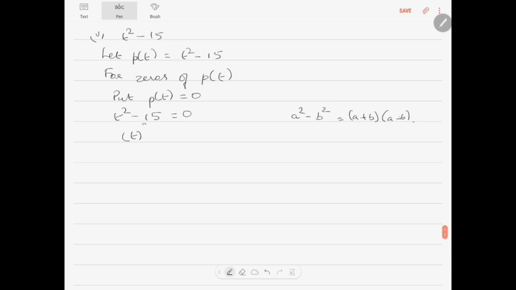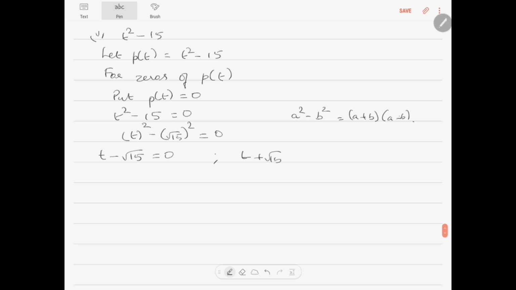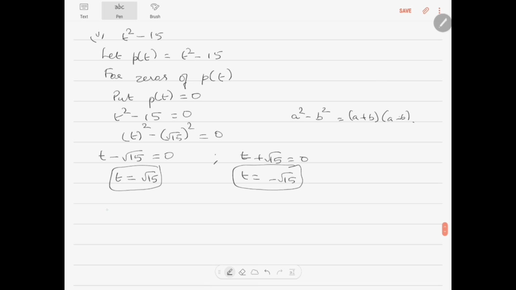We can write this as t square minus root 15 the whole square equal to 0. So one will be t minus root 15 equal to 0. The other one will be t plus root 15 equal to 0. t equal to root 15, t equal to minus root 15. The zeros of p of t are root 15 and minus root 15.